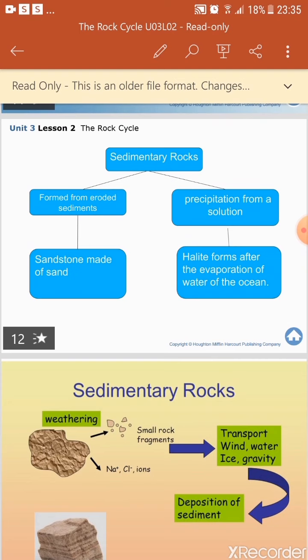What does that mean? For example, the halite that is formed beside the sea or beside the ocean. From what does it come? After the evaporation of the sea's water, what will be left?